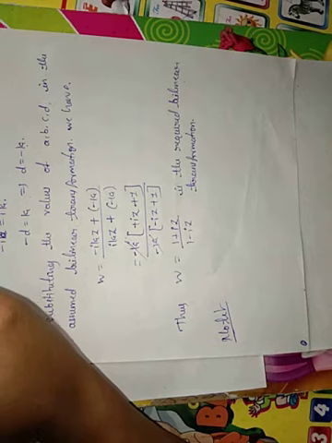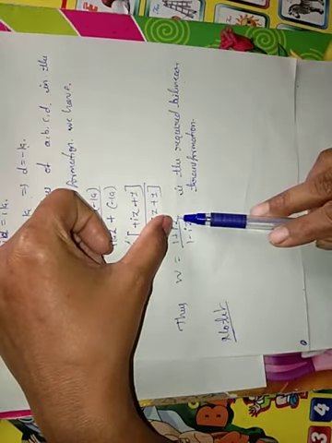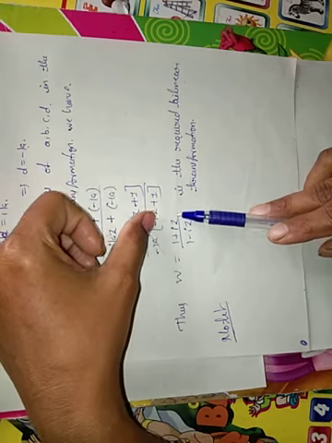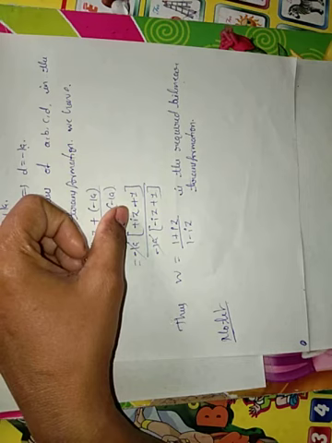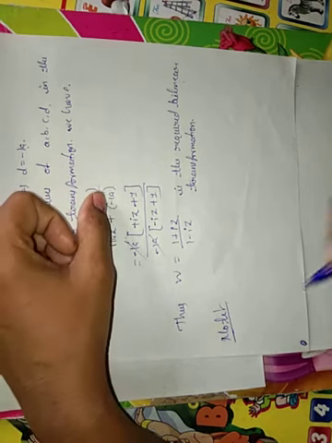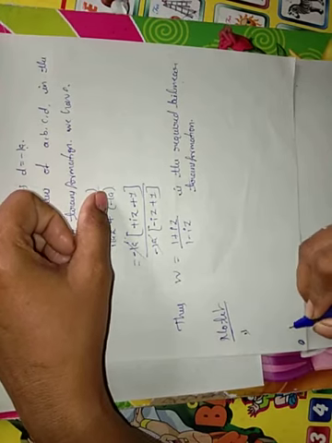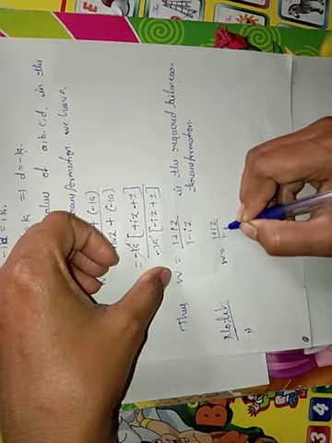How can we verify that? We have the values of z. Those values of z will be substituted here, and if we get the same w, then the answer we have found is correct. So how to do that? Come to the first step. We know that w equal to 1 plus iz divided by 1 minus iz.